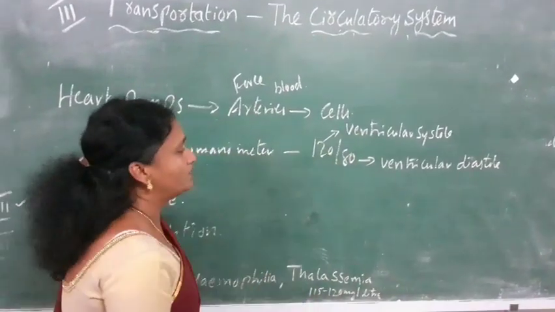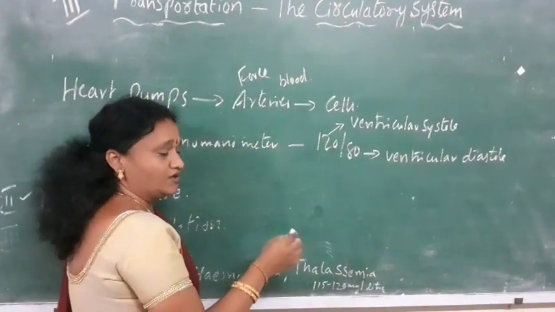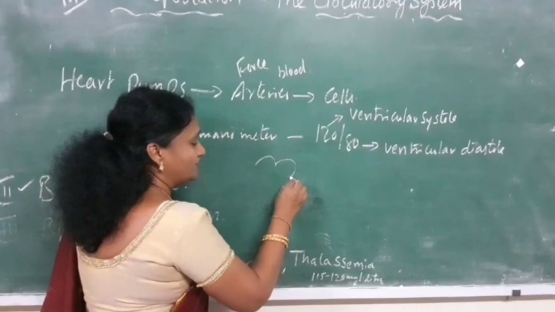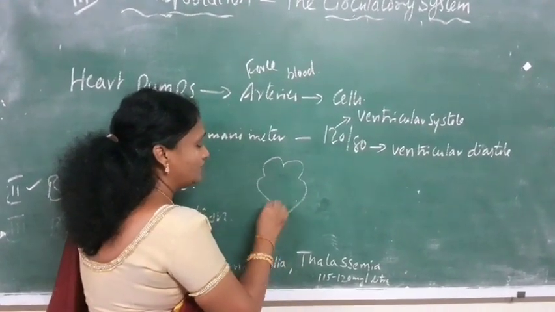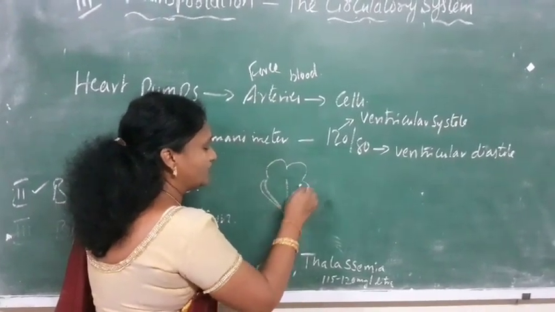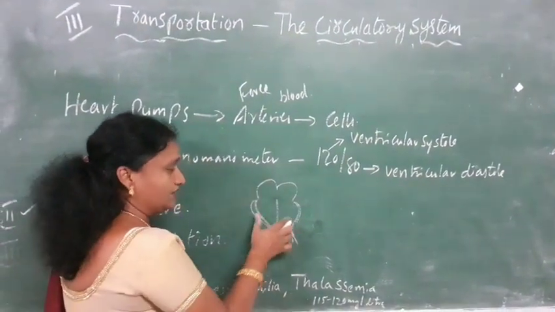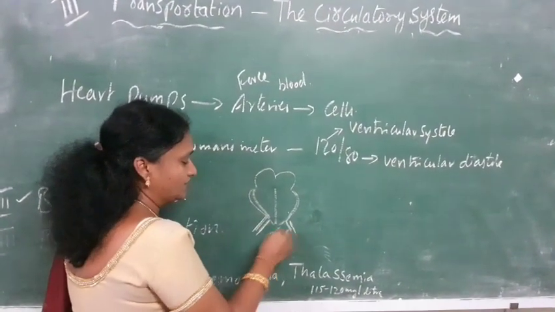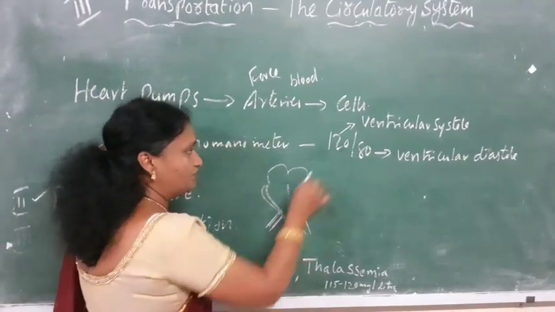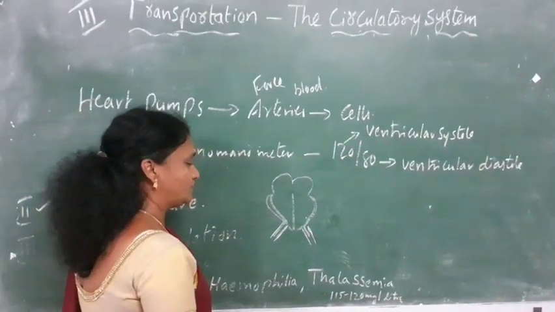So this is the normal BP. When we see the structure of the heart, when both the ventricles contract and pump the blood into the arteries, it creates a large amount of pressure on the walls of the arteries. That pressure is called ventricular systole.